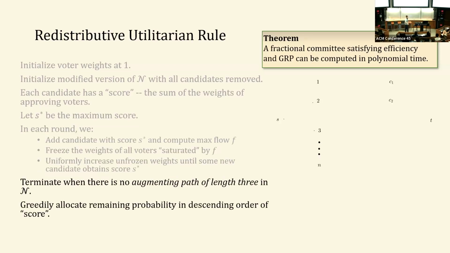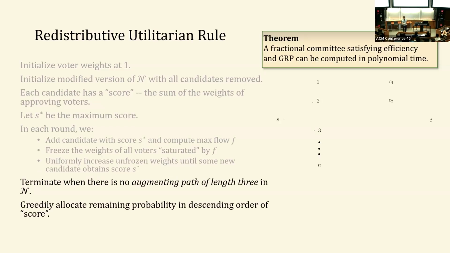So the termination condition is a little bit abstract, but it has a natural interpretation: we just are going to stop when there's no way that in the main network, using the flow we have, we could have sent flow to some voter, then to some candidate, then to the sink in an augmenting path. And then we'll greedily allocate the remaining probability in descending order of score, and we're done.